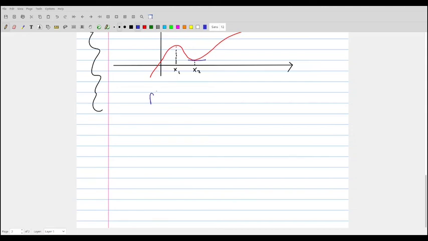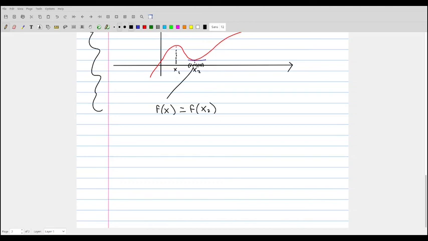It says that f, the function in some small region around x2, the value of the function is going to be equal to the value of the function at x2.